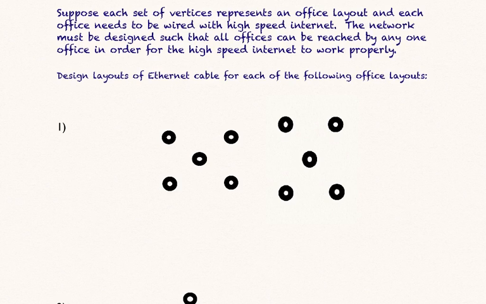And there's more than one way to answer this. So with these spanning trees, essentially what we're going to start doing is just connecting cable to these offices. And here, each office can be reached from any one office.